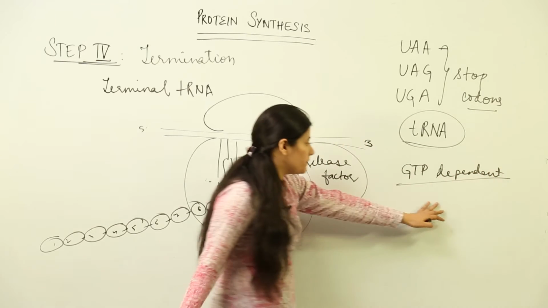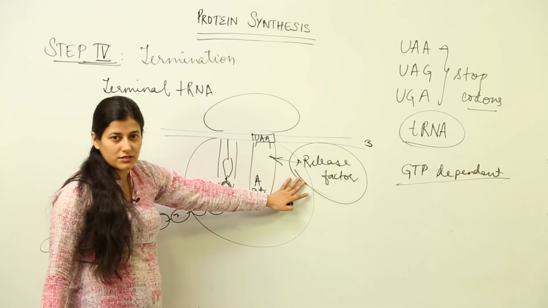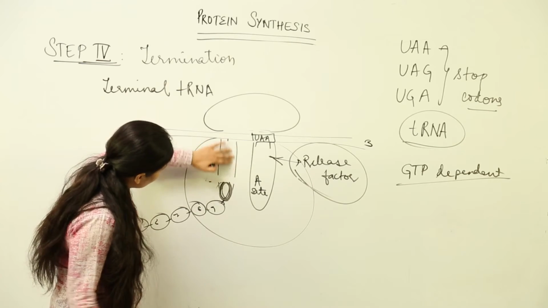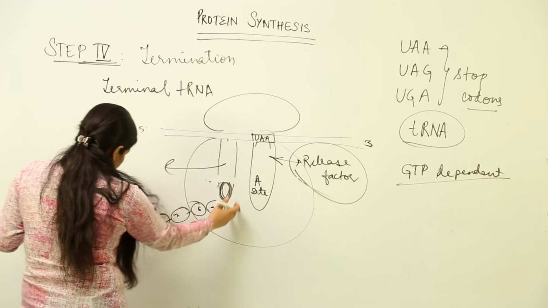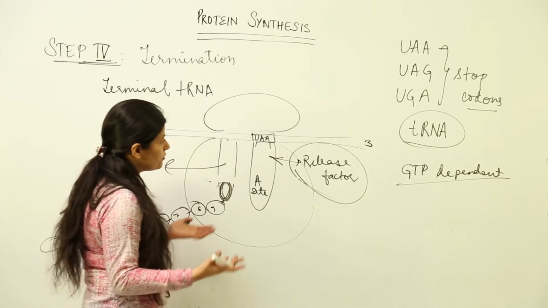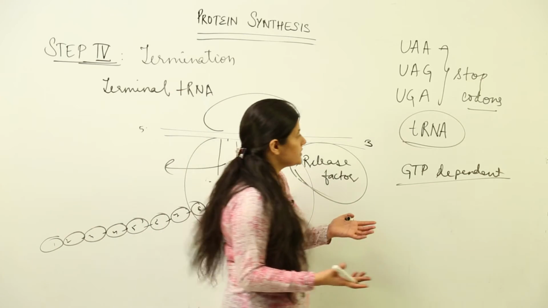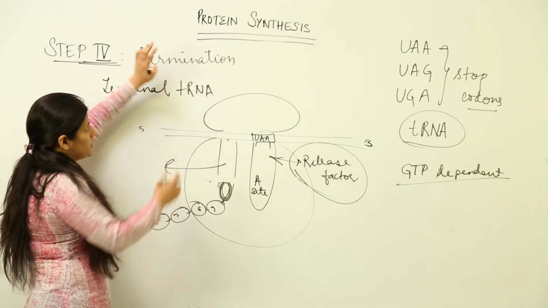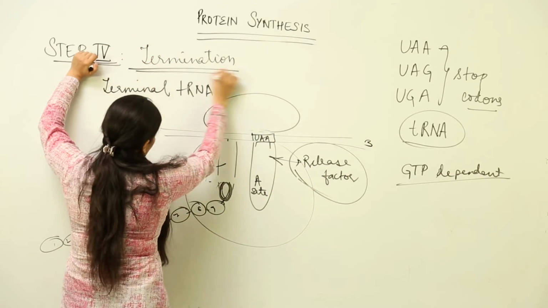GTP dependent release factor comes into the scenario, it breaks down this bond and now this tRNA goes from here. What you are left with is a polypeptide chain and that is what you wanted. You wanted a polypeptide in the end of translation. So we get to know that the translation comes to a halt in the stage of termination.